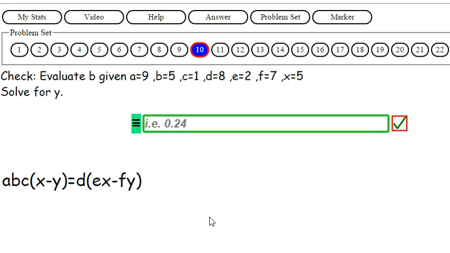Bring up the whiteboard. We're solving for y. Solve for y. Okay, so we have a times b times c.